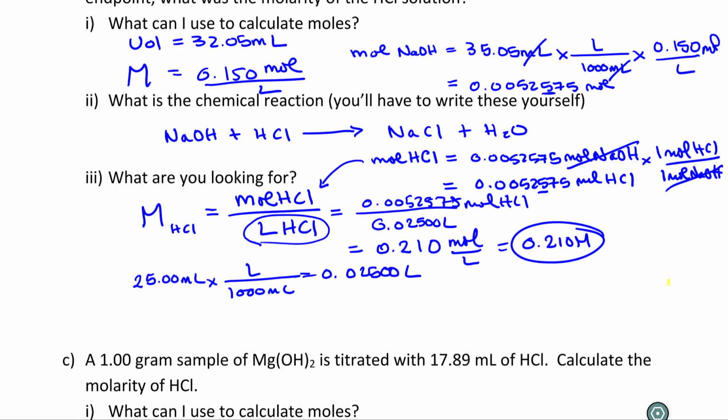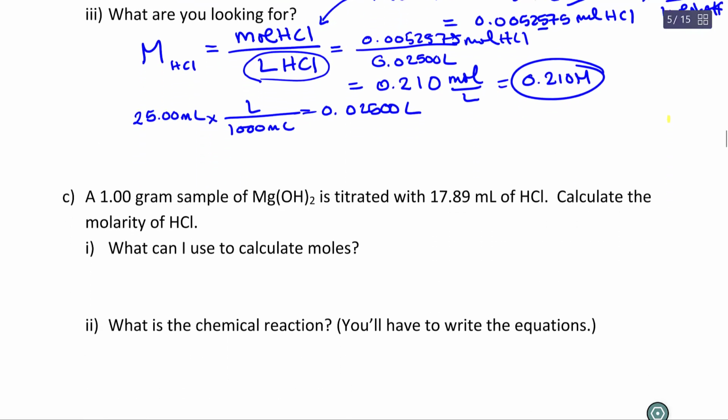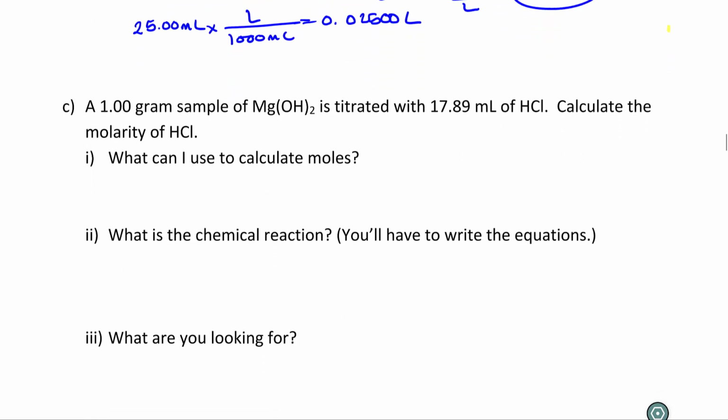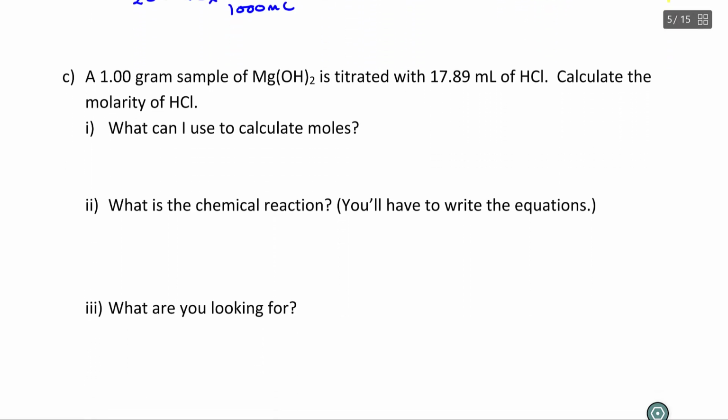All right, let's see. Let's do another example, and this time I have grams. It says a 1.00 gram sample of magnesium hydroxide is titrated with 17.89 milliliters of HCl. Calculate the molarity of HCl.